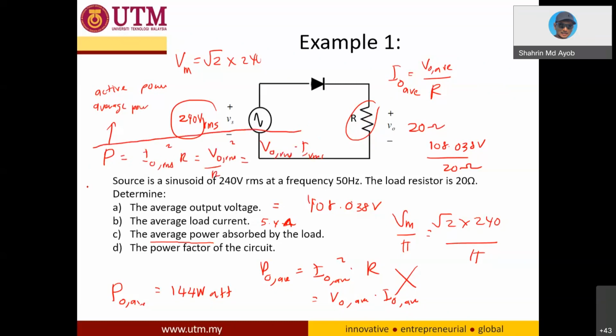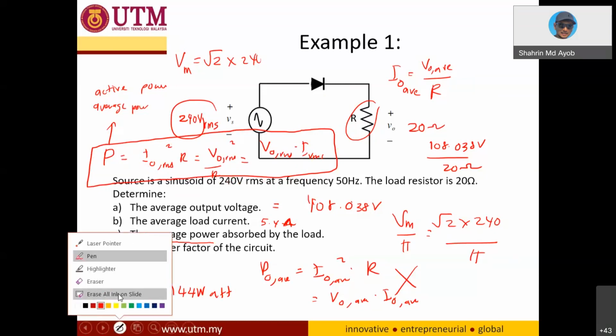We use RMS terms to calculate power. We will not use average values. We don't use V out average or I out average to calculate power. So power calculation will always refer to RMS.